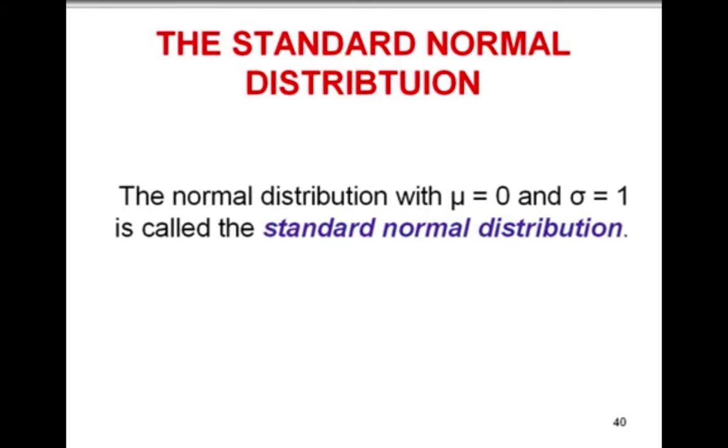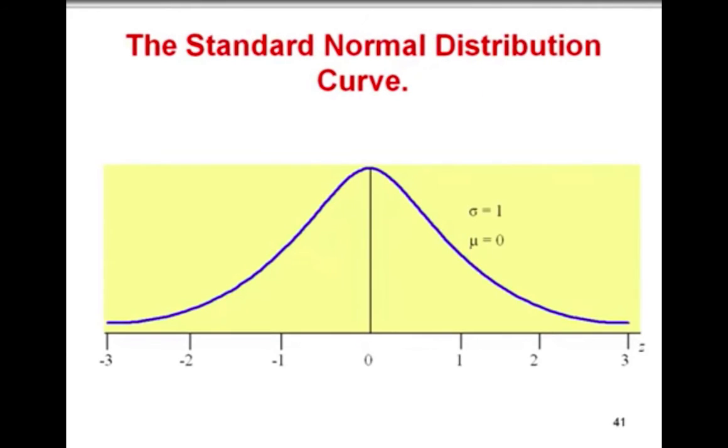This special normal distribution with a mean of 0 and a standard deviation of 1 is so important that we give it a special name and call it the standard normal distribution. Here is a picture of the standard normal distribution.